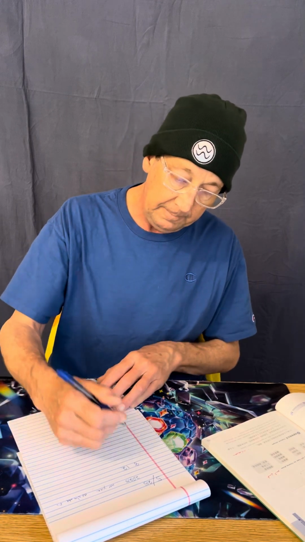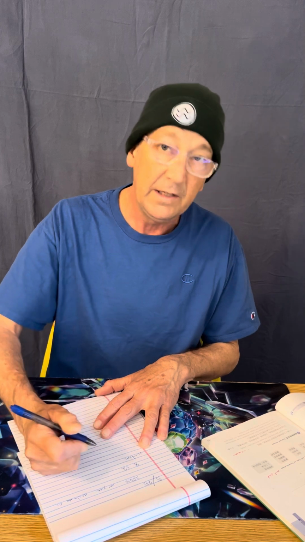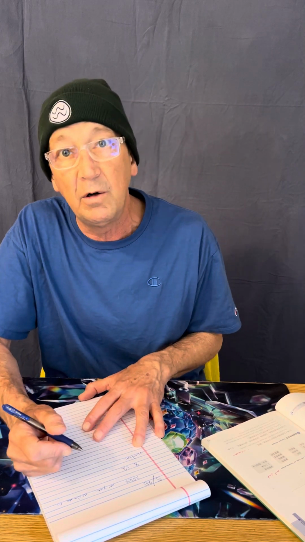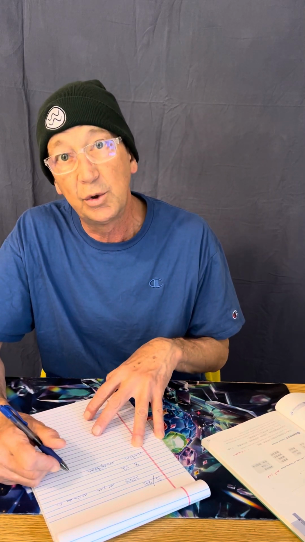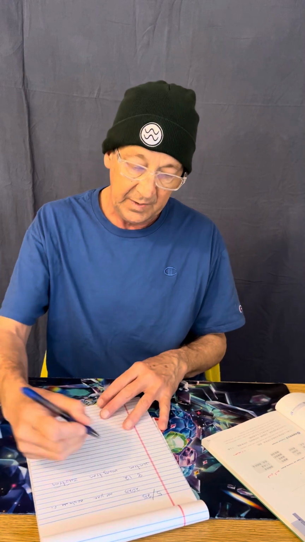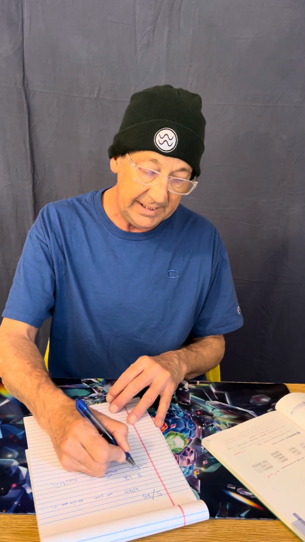So, you know what we can do is we can learn, we know 今天, right? That's today. How do you say tomorrow, friendly friends? 明天. And then yesterday is 昨天. 昨天, 明天, 今天.